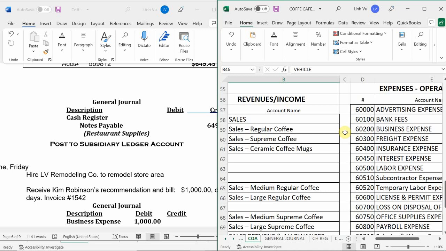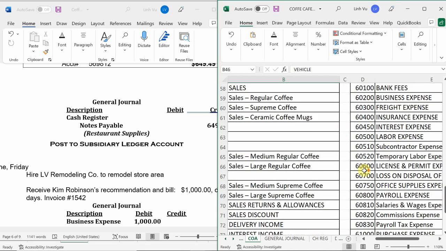Insurance expense, of course not, you didn't pay Kim for insurance, nor did you pay her for interest expense. What about labor expense? Did she actually work at your store? No. All she did was give you recommendations on designing the store. Is that in any means labor? So no, definitely not labor.